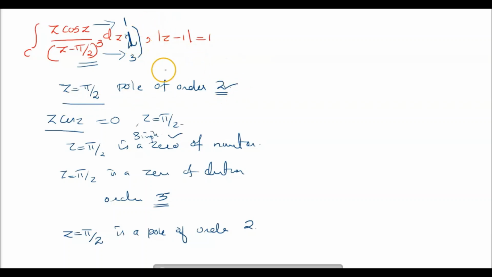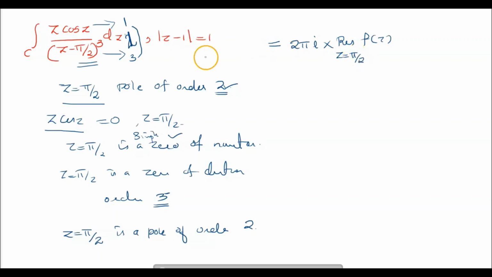Now, using the residue theorem, we evaluate this integral. This integral is equal to, by the residue theorem, 2 pi i into the residue of f(z) at the singularity inside the region, that is pi by 2.